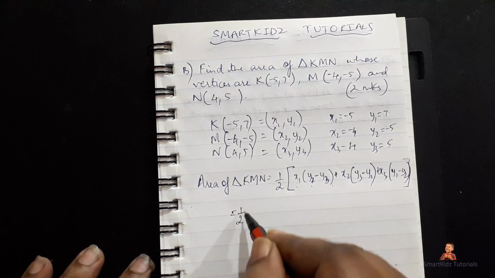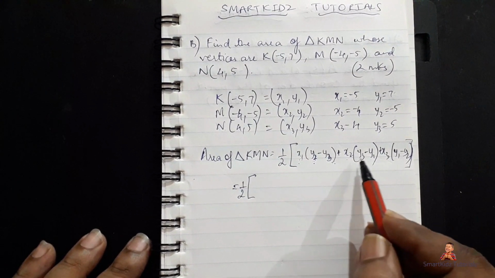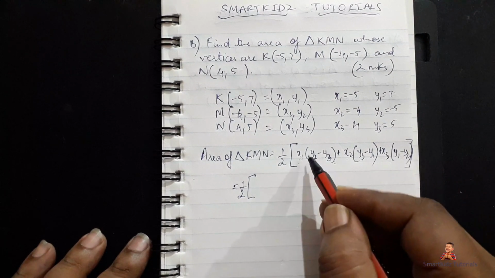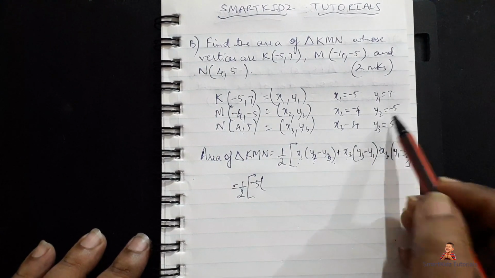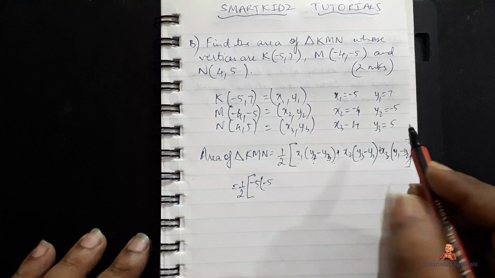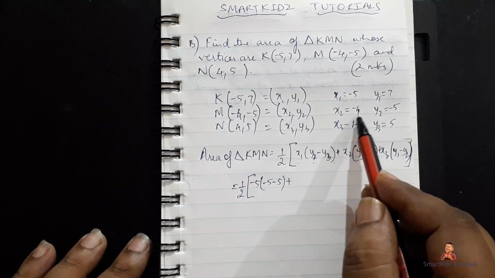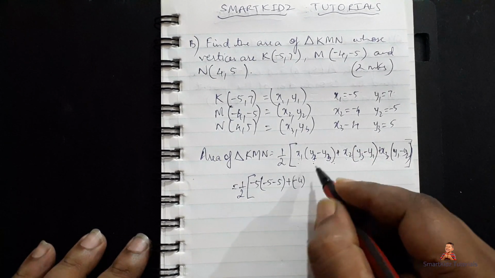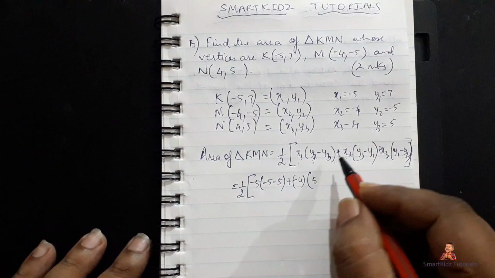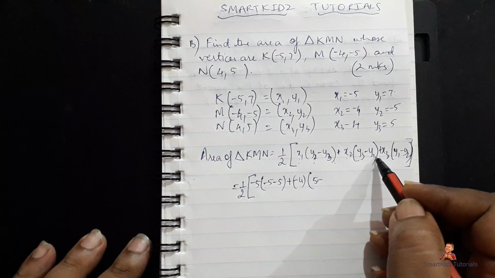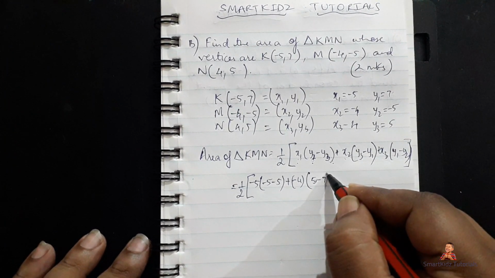So then this becomes equal to half, and now we substitute the values of x1(y2 - y3), x2(y3 - y1), x3(y1 - y2). x1 we know is -5, in brackets y2, which is -5, minus y3, which is -5, plus x2, which is -4, so I'll put in brackets, into y3 is positive 5, minus y1 over here, so y1 is 7, so I'll close the bracket over here.